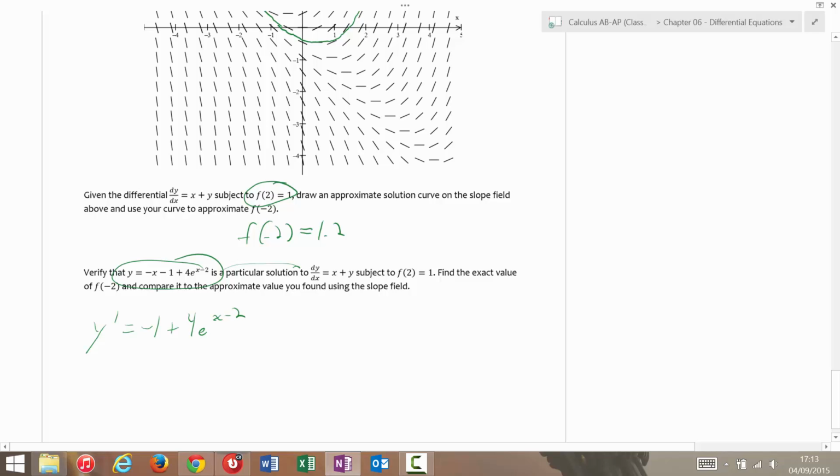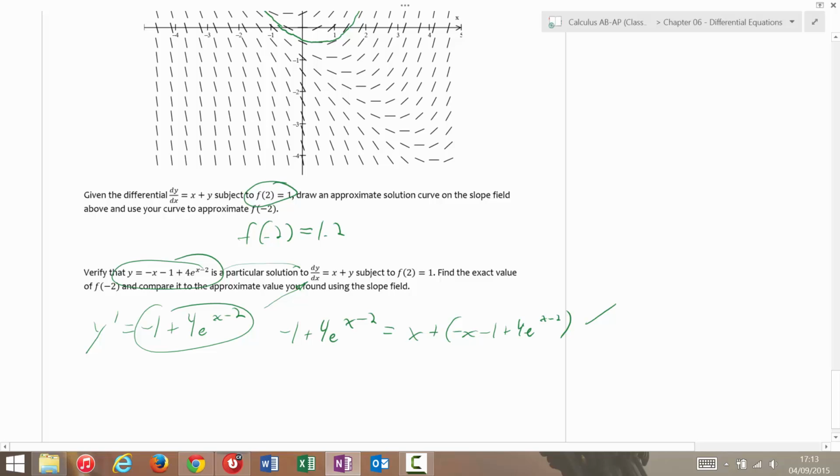And if I want to verify that's a solution, I'm going to say that plugging this in for there, so negative 1 plus 4e to the x minus 2 equals x plus y. y is negative x minus 1 plus 4e to the x minus 2. And I can clearly see that those are going to be equal, so check.